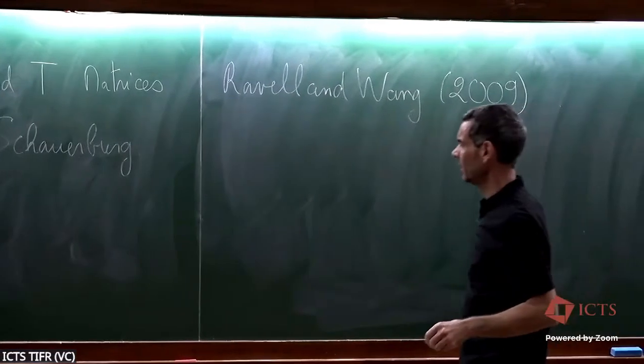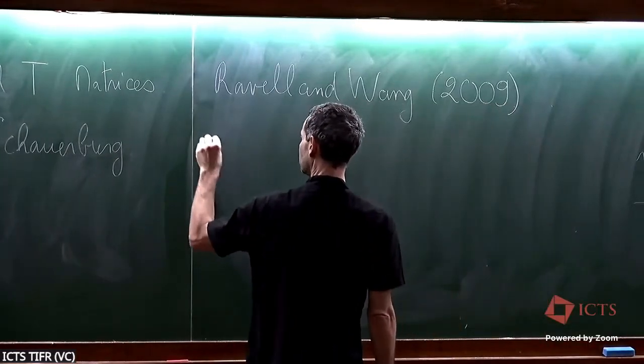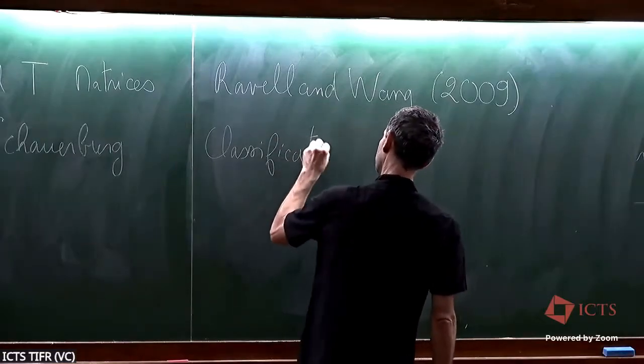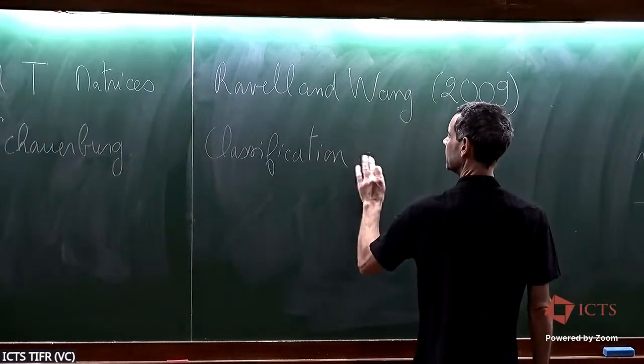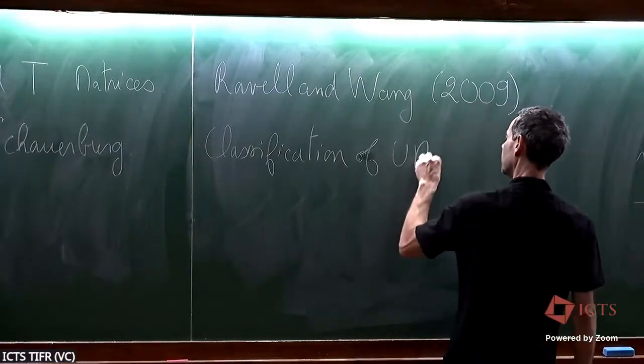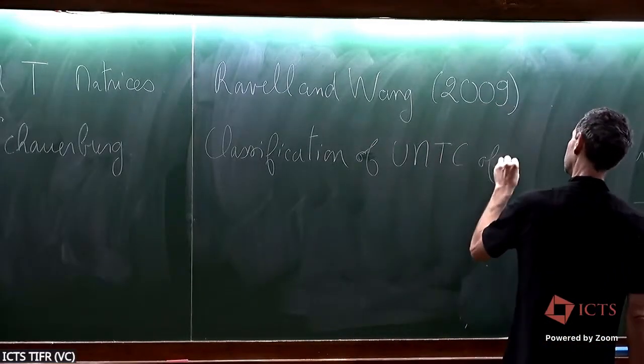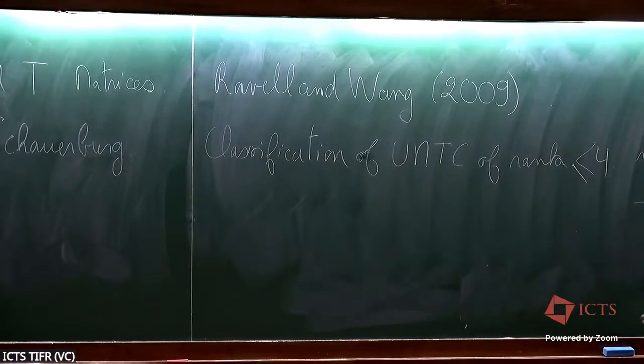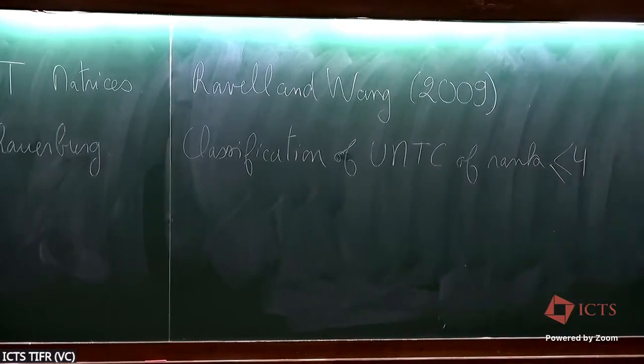paper by Eric Rowell and Zhenghan Wang from 2009, where they classify all UMTC. So it was really the beginning of this classification business of UMTC. Classification of UMTC of rank lower or equal to 4. Okay. And here they really classify all UMTC. So they also give you all the F and all the R symbols for all unitary modular tensor categories, so all anyon theories with at most 4 species of anyon.